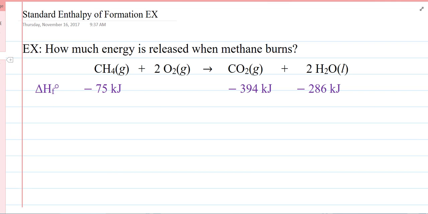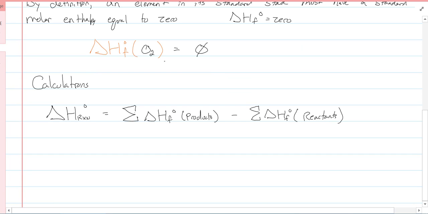And here is the example. How much energy is released when methane burns? And it gives you delta HF in purple here. And there's nothing under O2. Is that an accident? Is that a typo? No. Because if we go back, elements by themselves are 0.